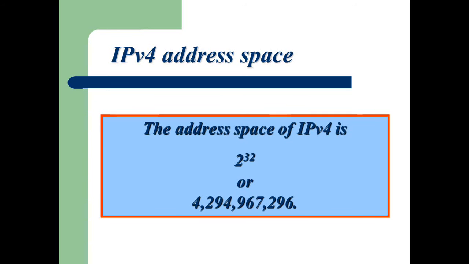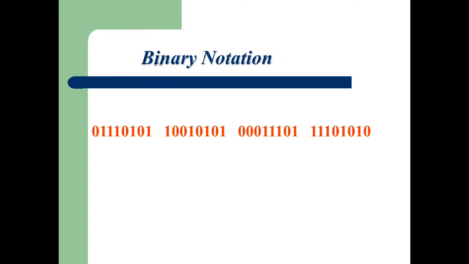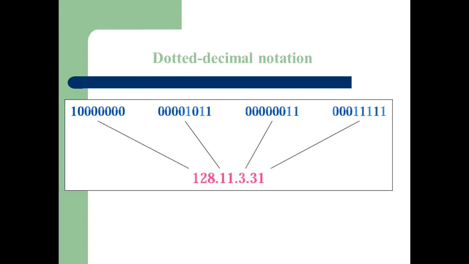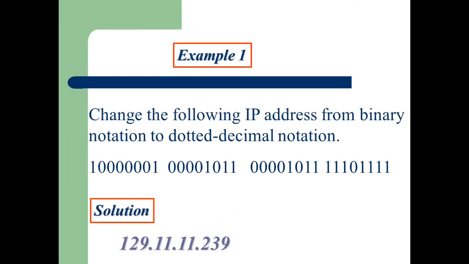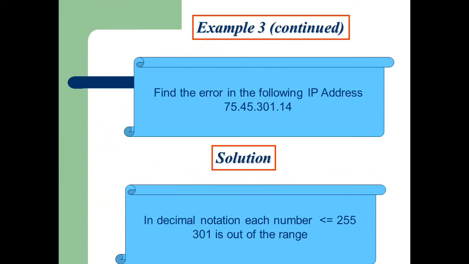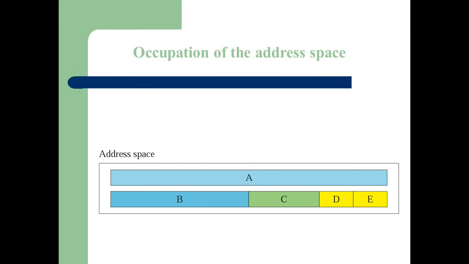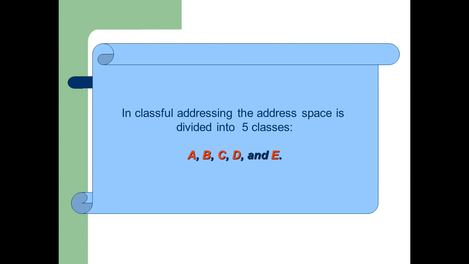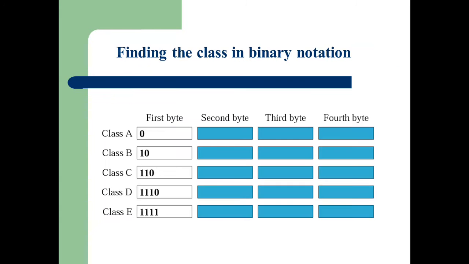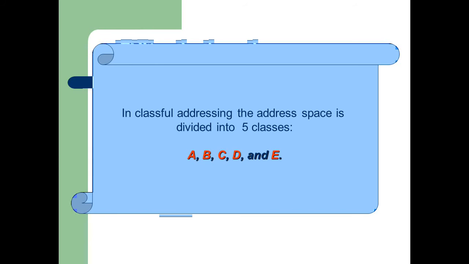But this entire address space is divided into 5 categories or 5 classes when we talk about classful IP addressing. Skip this portion. This entire classful addressing is divided into 5 different address spaces, A, B, C, D and E. These are called classful addressing.